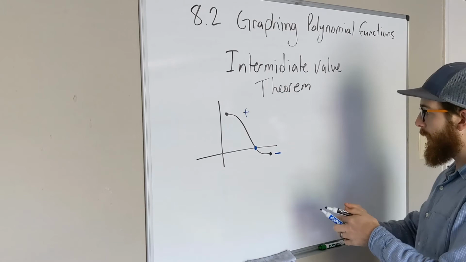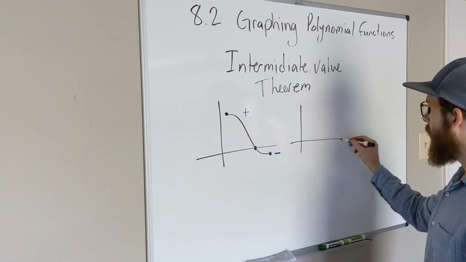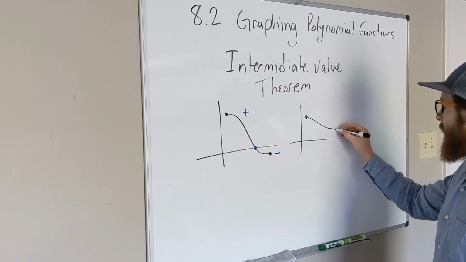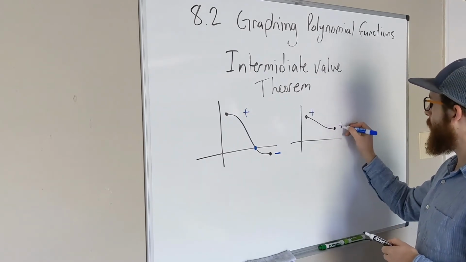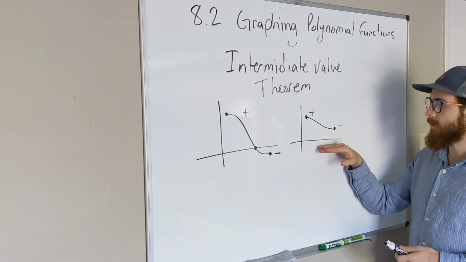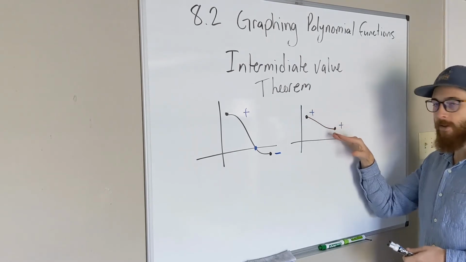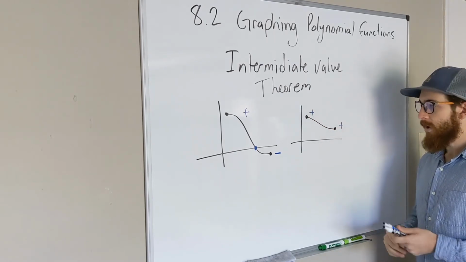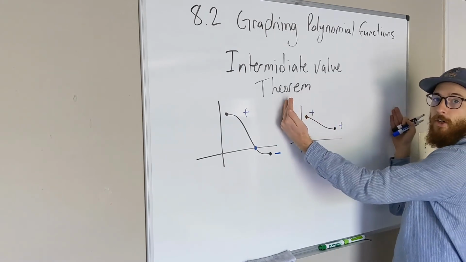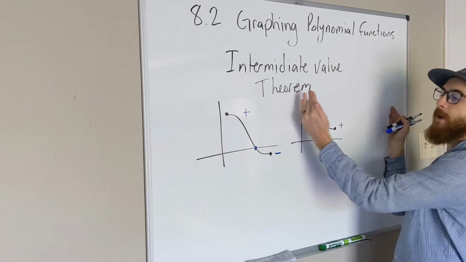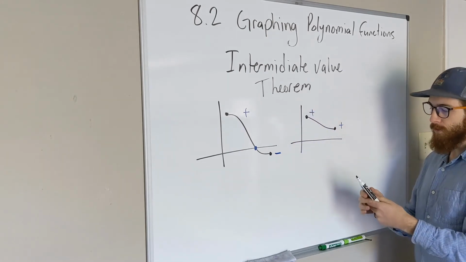And if, for example, they were both positive, like this, so this one's positive, this one's positive, it doesn't cross because both of these values are positive. Now, there are cases where you may have picked numbers that are too far apart, and you may need to pick numbers that are closer together.